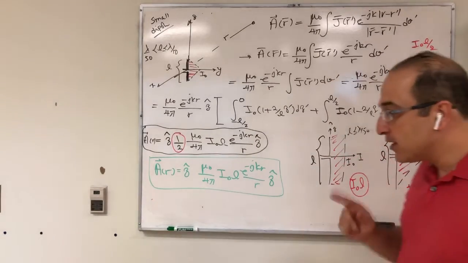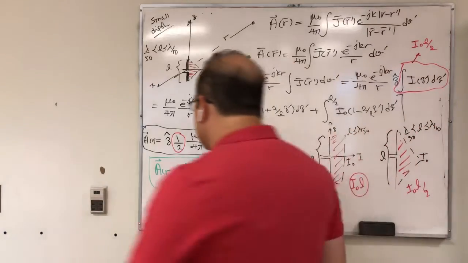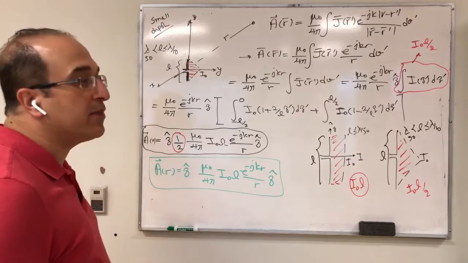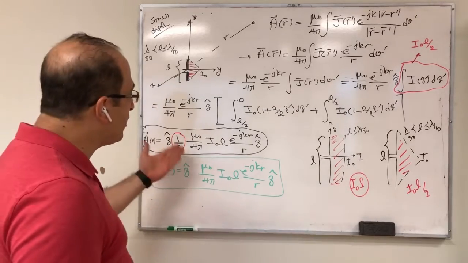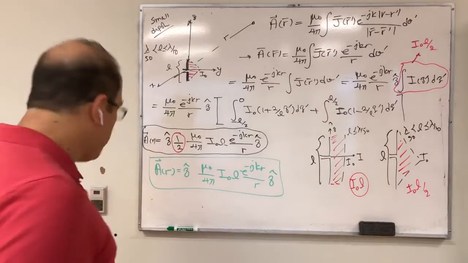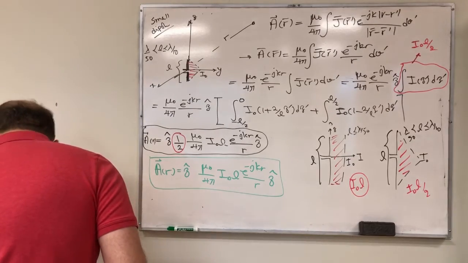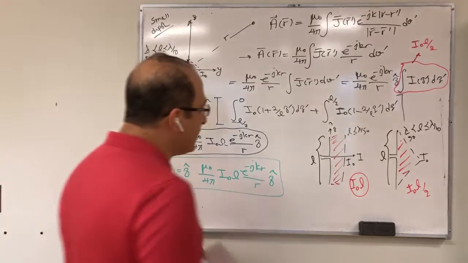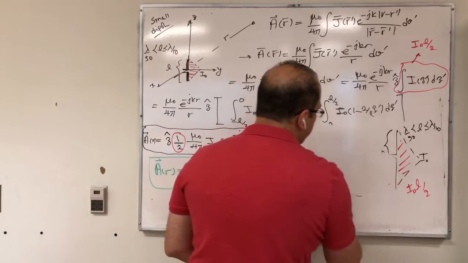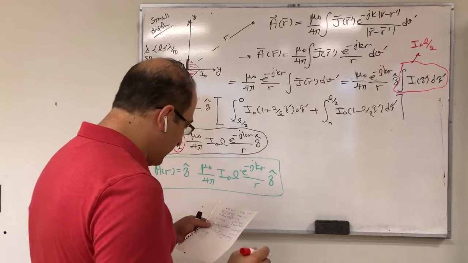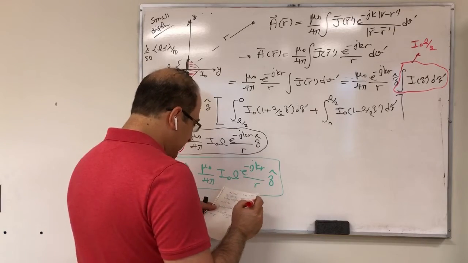Now, based on that, I can actually use what I derived for the infinitesimal dipole antenna and do the same thing for a small dipole antenna without going through the same math. So let me see if I have the expression here. The expression that I had for the infinitesimal dipole antenna is this.